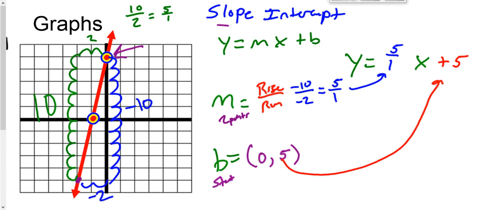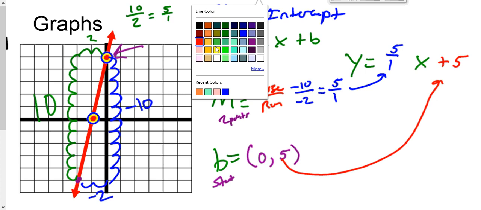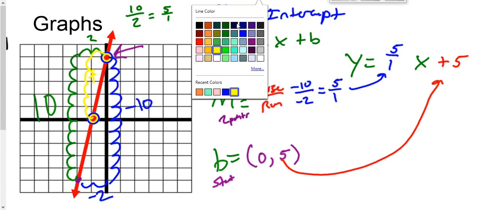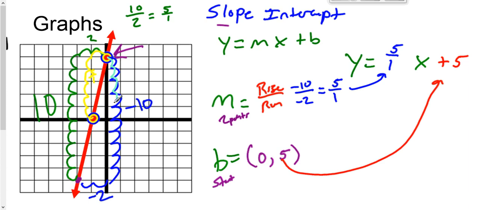Doesn't matter which way we move, 1, 2, 3, 4, 5 over 1. Maybe we decided to go from the top point to the bottom point. 1, 2, 3, 4, 5 over 1. Negative 5 over negative 1. Does not matter, we get this same equation.